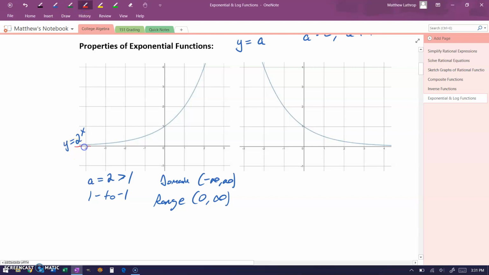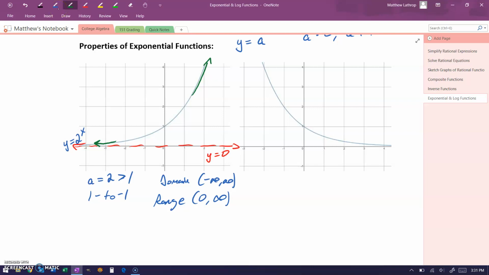What that means is that this function actually has a horizontal asymptote defined by y equals 0. So as x approaches positive infinity, our function is going to continue increasing. But as x approaches negative infinity, our function value will approach closer and closer to 0.